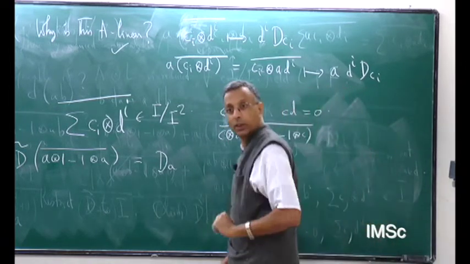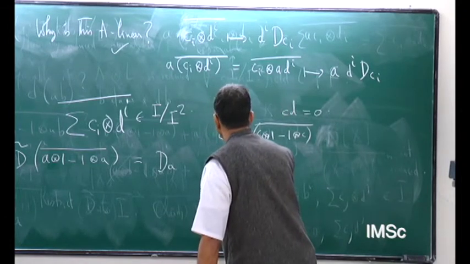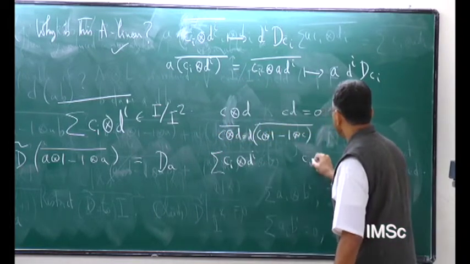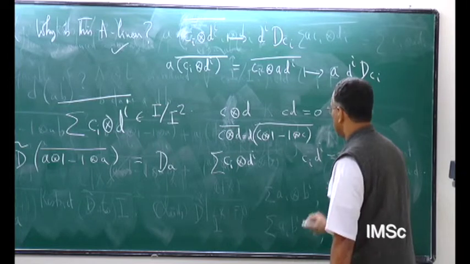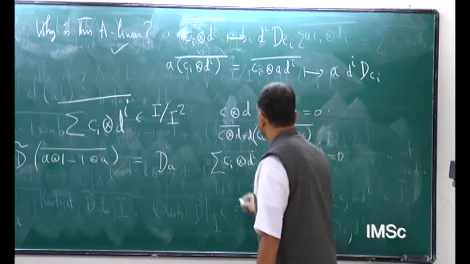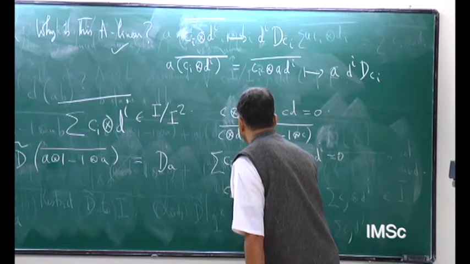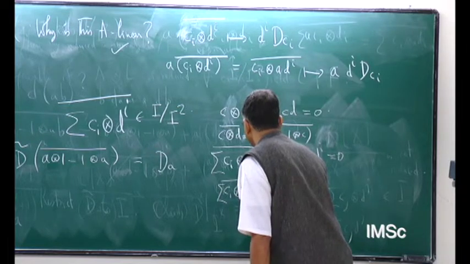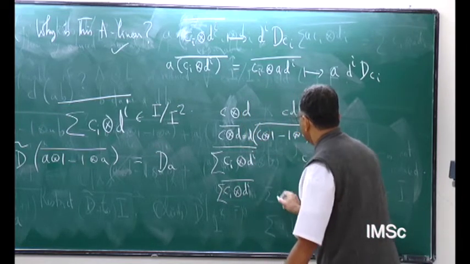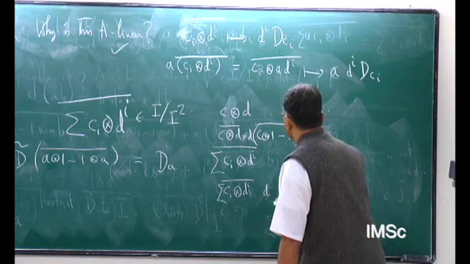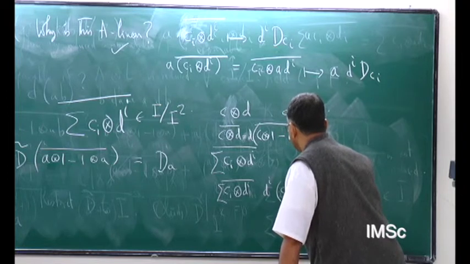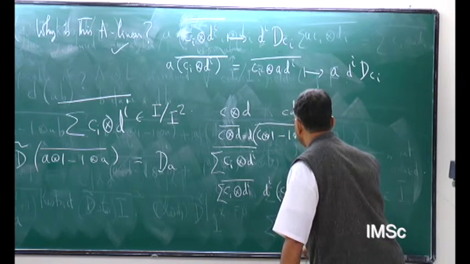Okay, so let us use this to see if this idea works. So I have sigma Ci tensor Di. I know that sigma Ci Di is 0. Here I omit the sign. So let me try Ci tensor Di bar. So I can write as Ci tensor, let me see if I can manage this.